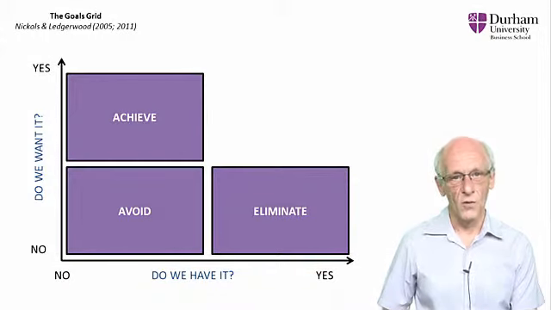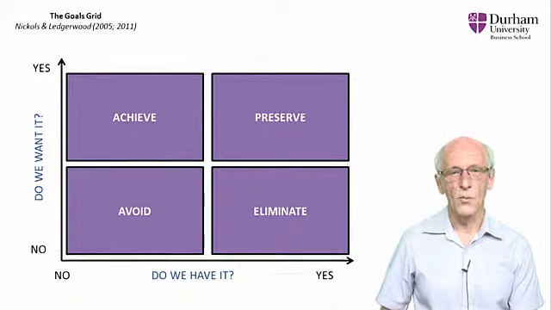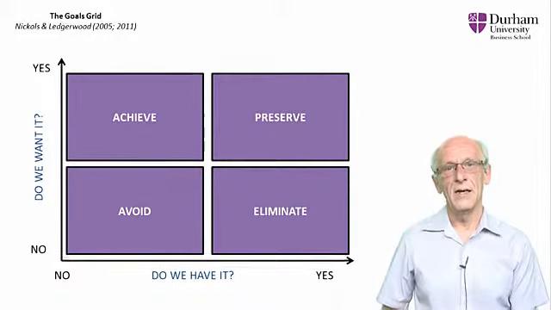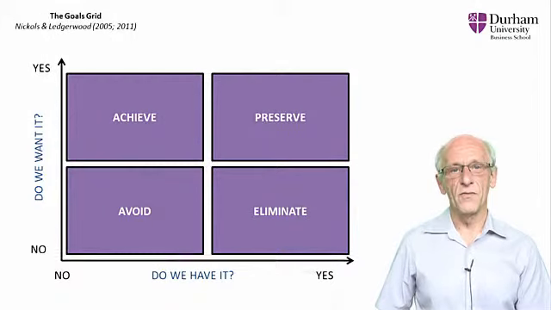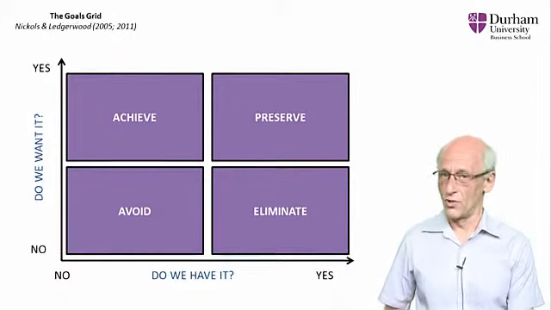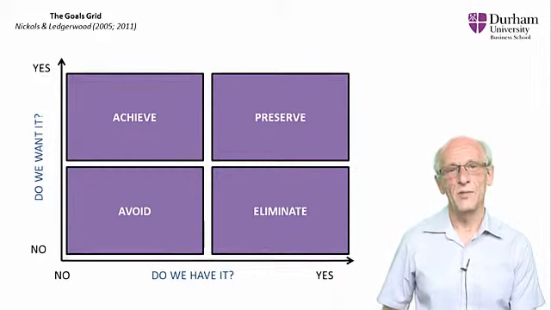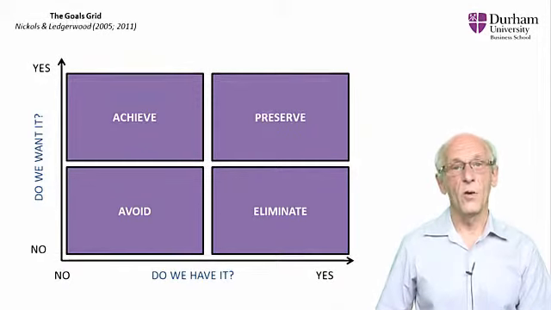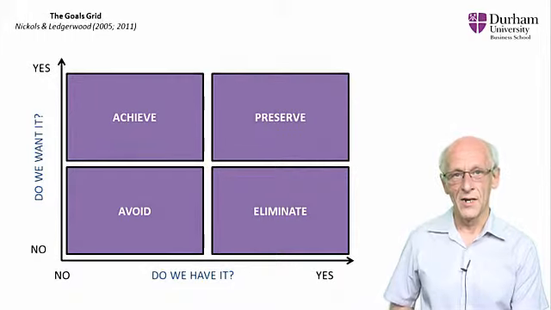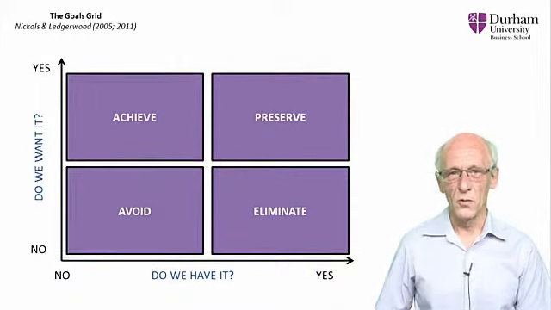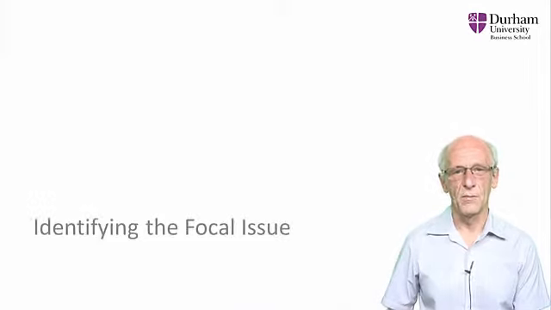Having something we don't want. And at the top, preservation. Wanting to keep something we have already. The basic matrix of the grid is structured like this, just a 4-cell matrix, as many strategic tools are, and the objective is to complete all 4 elements as far as we can to help us determine which is the most important goal among all of those captured.